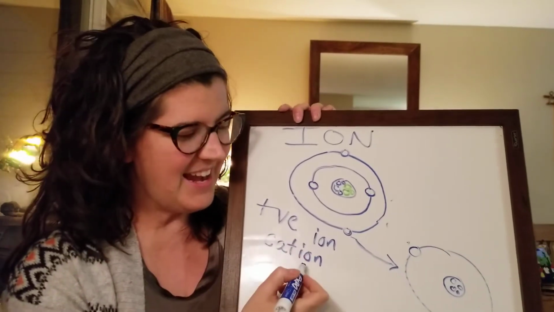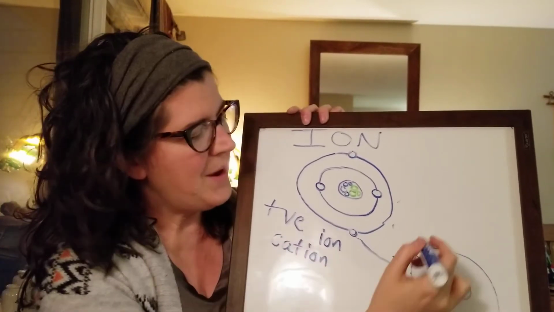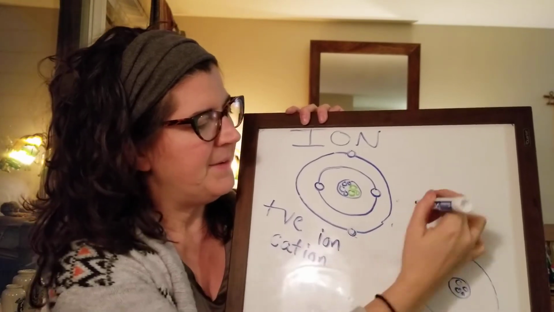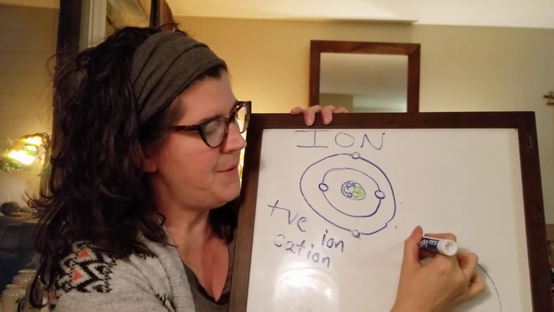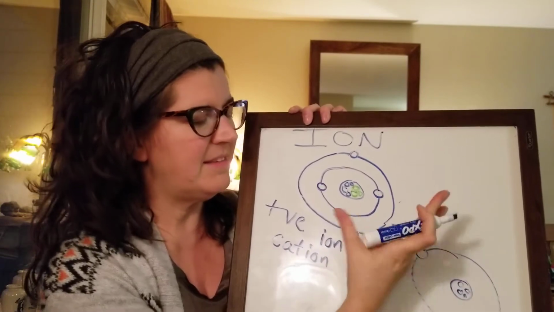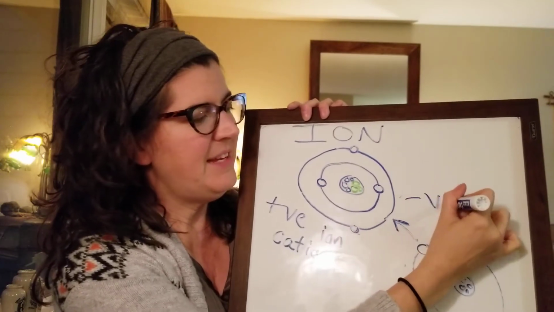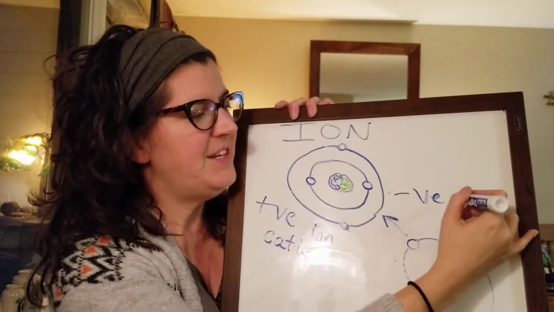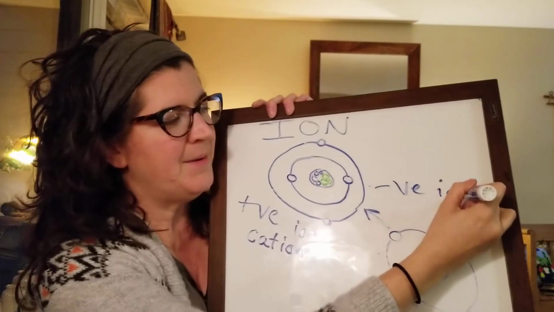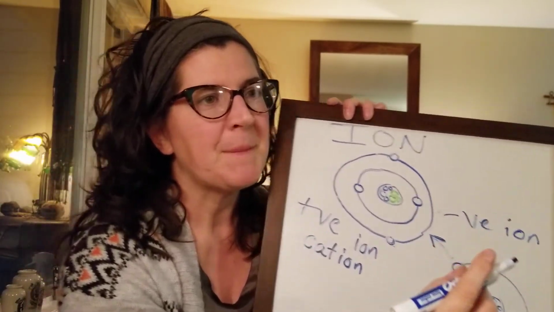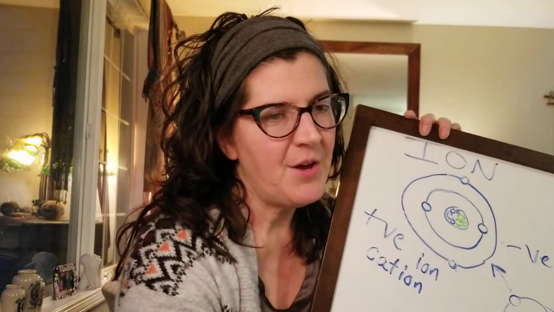Okay, this is a cation. When it is the other way around, and we have accepted more negative electrons, that's a negative sign, a negatively charged ion. It is called an anion.